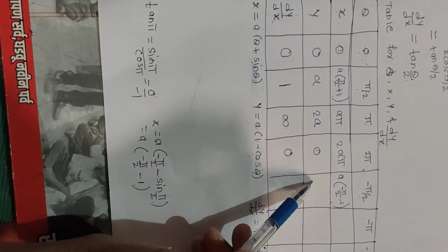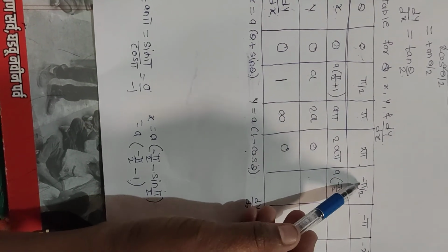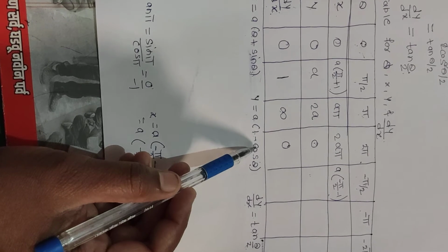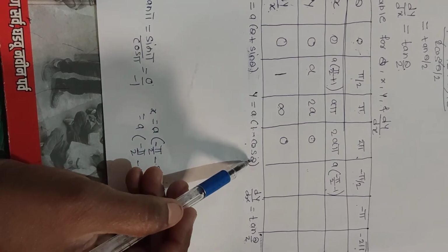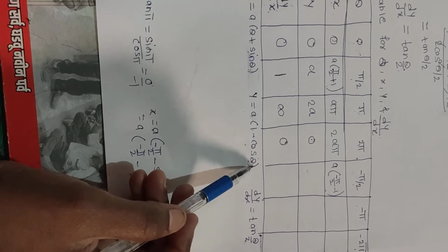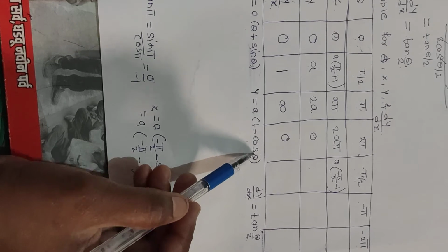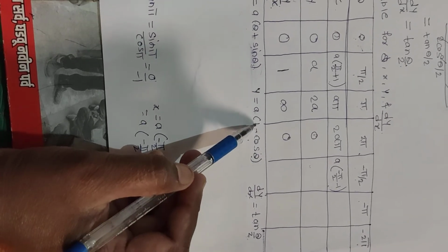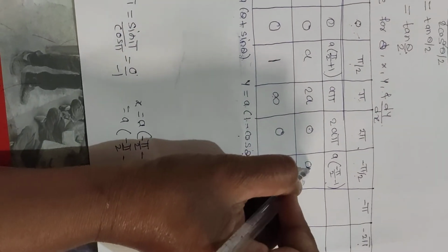Okay. Similarly, we have to calculate for y. Find y at theta equal to minus pi by 2. See, a into the bracket 1 minus cos of minus pi by 2, right? So cos of minus theta is again cos theta. So what is cos pi by 2? Cos pi by 2 is 0. So 1 minus 0 is 1, and 1 into a is a.